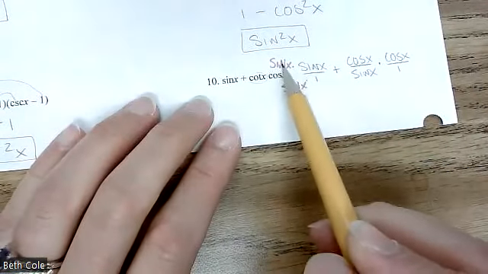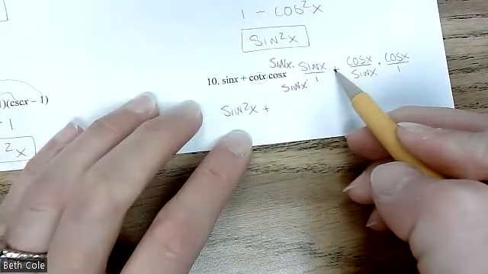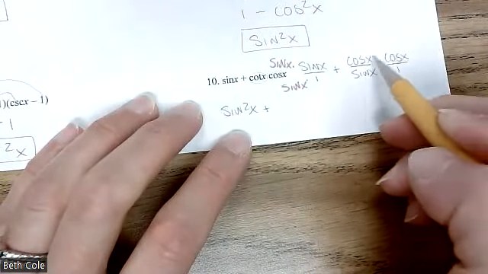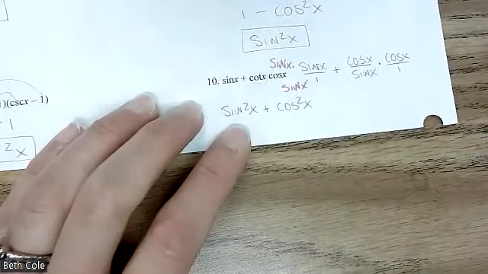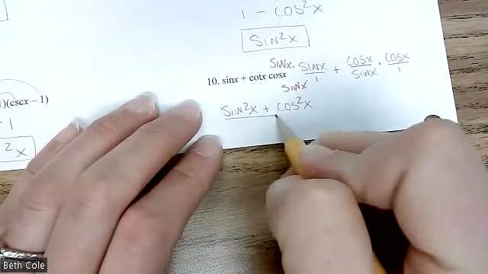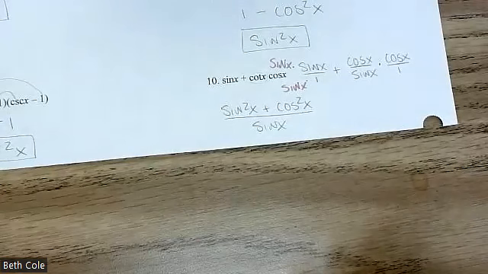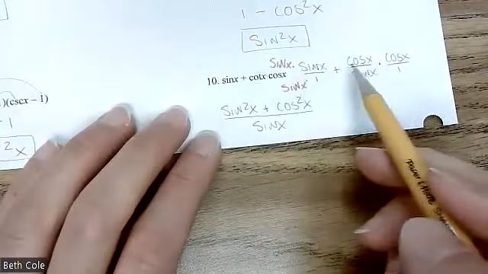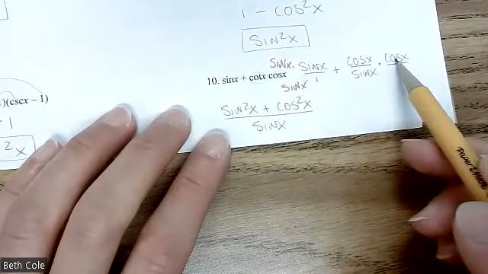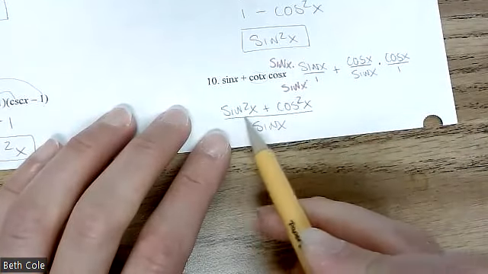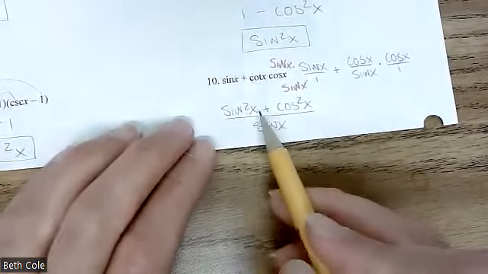Sine times sine, sine squared, good, perfect, plus cosine times cosine is cosine squared. And are you already seeing where we're going to go with that? Over your common denominator. Yeah, it's sine squared plus cosine squared in the numerator. We had sine times sine is sine squared, cosine times cosine is cosine squared, and then that's all over our common denominator, which was sine.